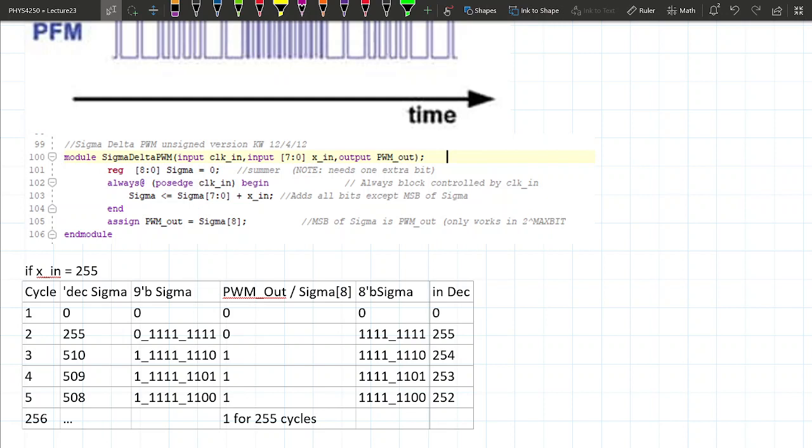We're going to call that xn, basically the value of the sine wave. Basically, xn is whatever value of the sine wave is, and it goes from 0, and in this case 255 is the biggest.